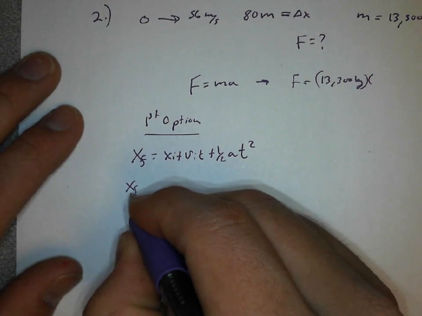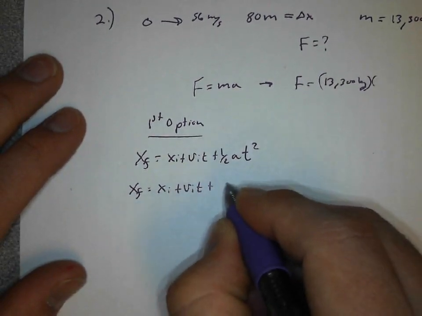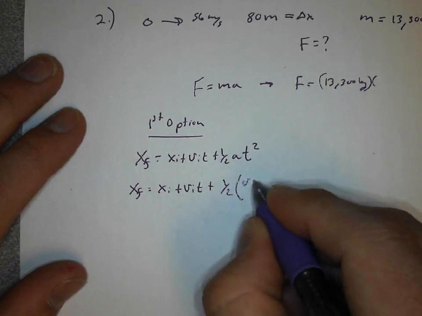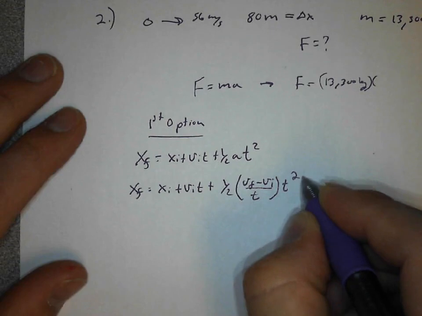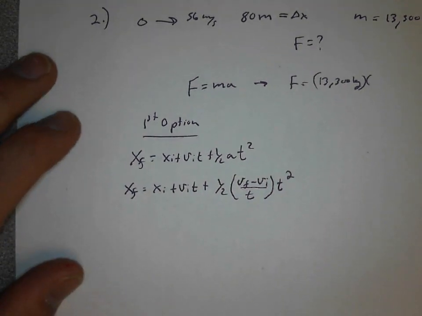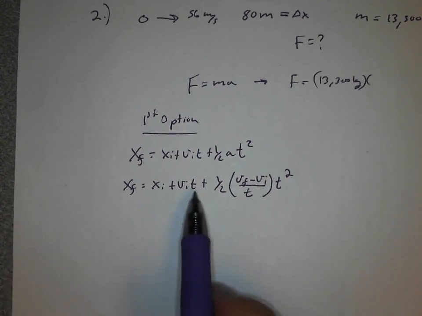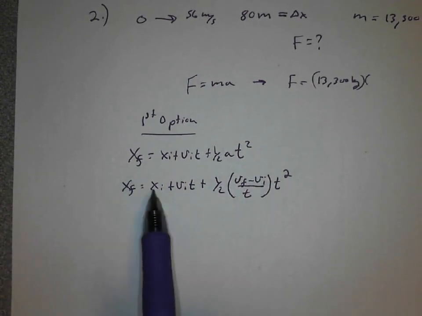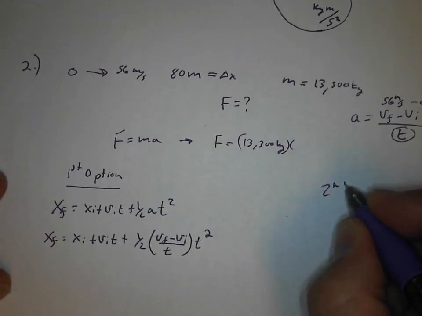That would make this transform into an equation that looks like this. Okay, and now in that case you only have t left over. And that's a pretty easy solve for t, especially when your initial velocity is 0 and your x initial would be 0.